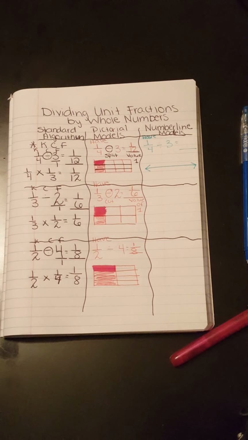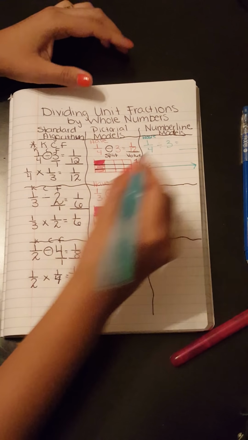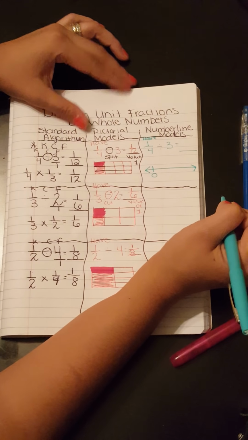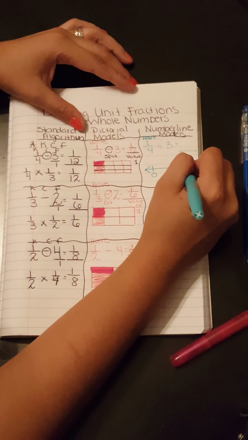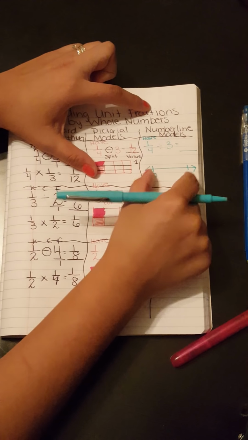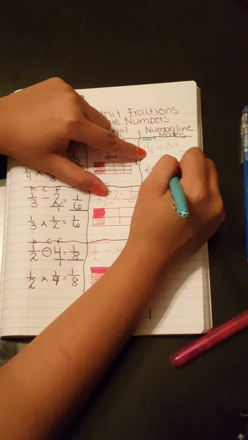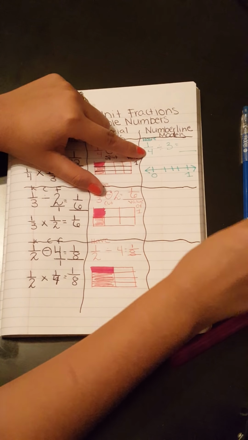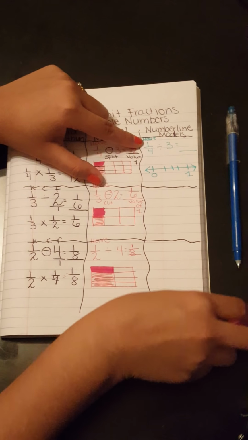Okay. I have 1/4. So I'm going to start here at 0 because all number lines start at 0. And I'm going to end at 1. I don't need that many numbers because in reality, all I need is 4ths. So I'm going to take this whole, cut it into 4 equal pieces. That's my denominator. And of those 4 pieces, I only need 1, which is my numerator.